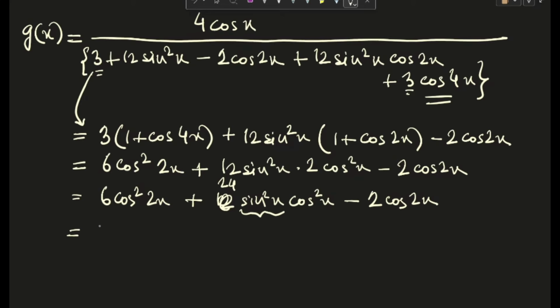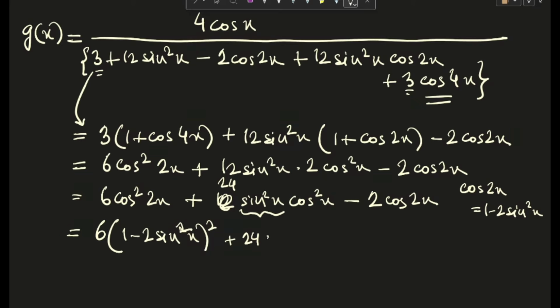So to convert, I can write this as 6 times cosine squared 2x, and you know that cosine 2x is 1 minus 2 sine squared x, right? So this becomes 6 times (1 minus 2 sine squared x) whole squared plus 24 sine squared x times (1 minus sine squared x).